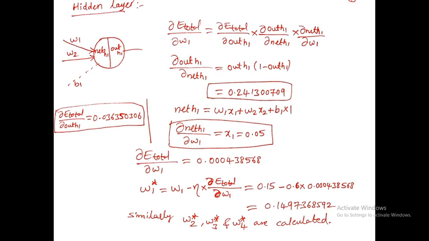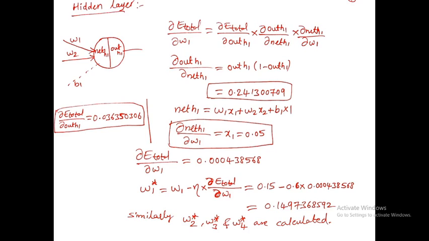So the old weight is 0.15 minus eta, the learning rate parameter, which we have taken earlier. Here also we are considering it as 0.6. The same learning rate parameter, 0.6, that we considered between the hidden and output layer, we are also considering between the input and hidden layer.